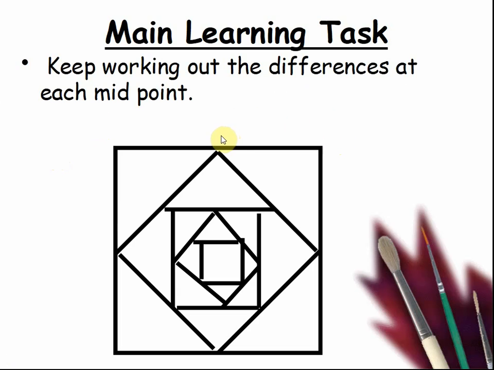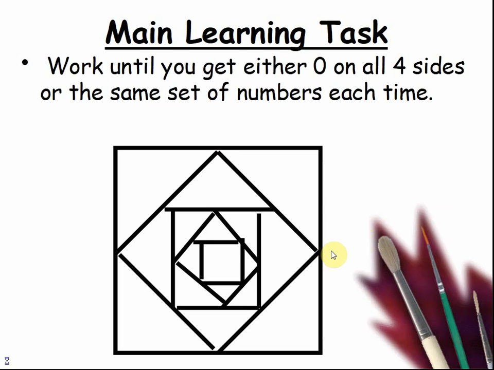So the difference you would write in the middle. So 200, 100, you'd write 50 here. 100, 80, you would write 20 here. And then you'd take those as takeaways. Work until you get either 0 on all 4 sides or the same set of numbers each time.